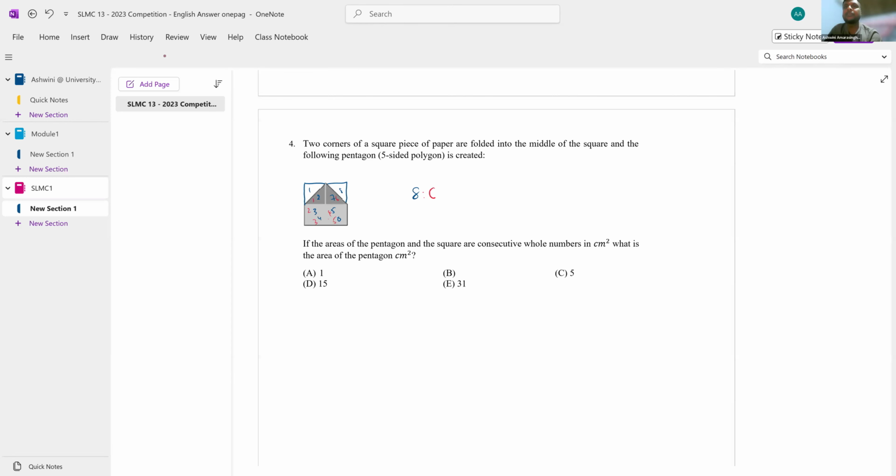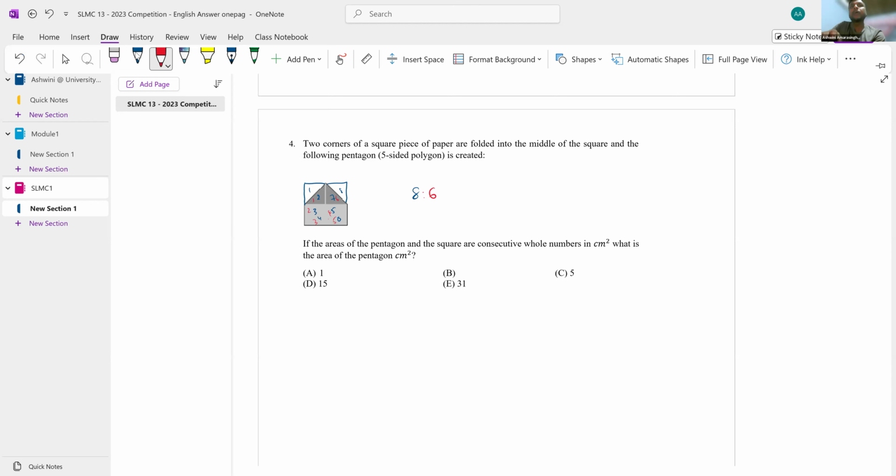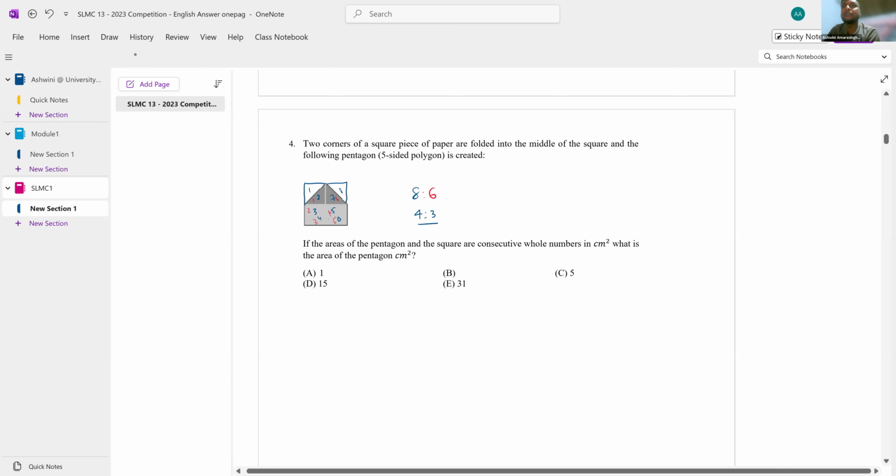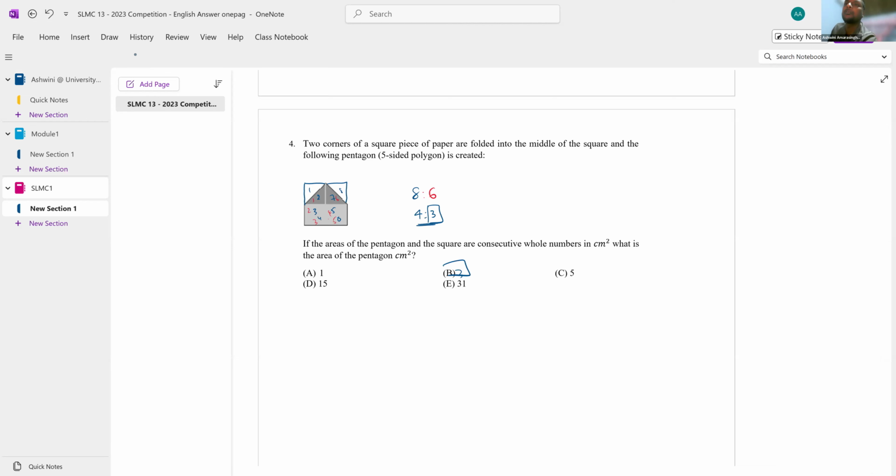So that would be 6 here. So the ratio of the big square to the smaller pentagon is 8 to 6. Now I need to find two numbers which are in the ratio of 8 to 6 but are consecutive. Immediately you can see 4 and 3, which means 3 is the number that is the area of the pentagon.